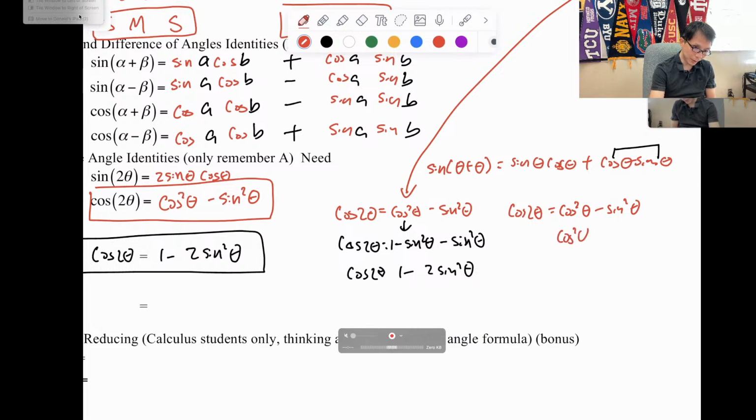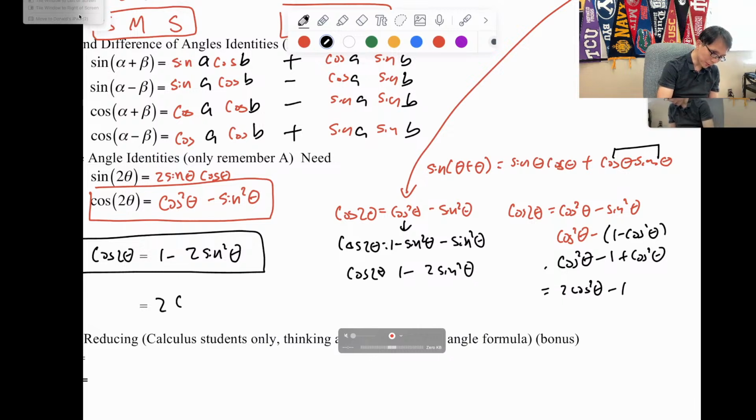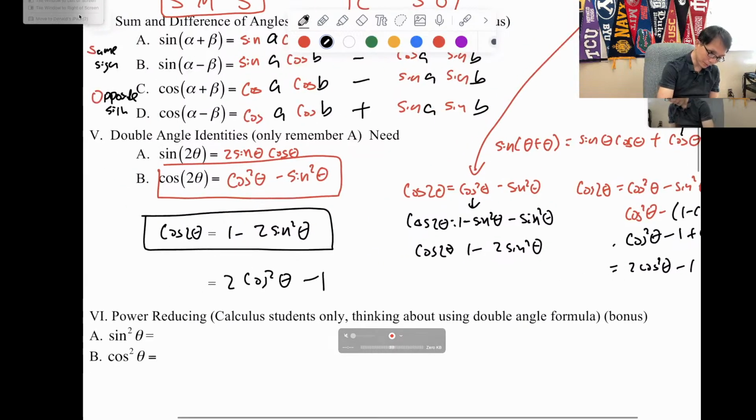So it'll be cosine squared theta minus, now this one I'm going to replace as 1 minus cosine squared theta. Now remember they are distributing. And this becomes equal to 2 cosine squared theta minus 1. And that becomes the cosine 2 theta, the second version.